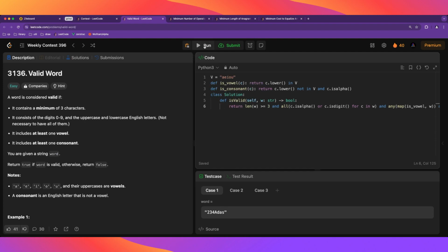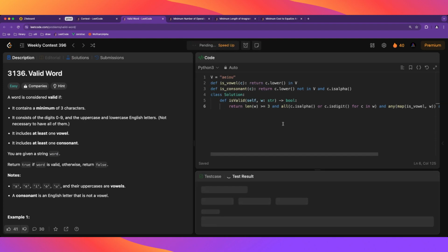And those are the conditions, and they pass the examples.